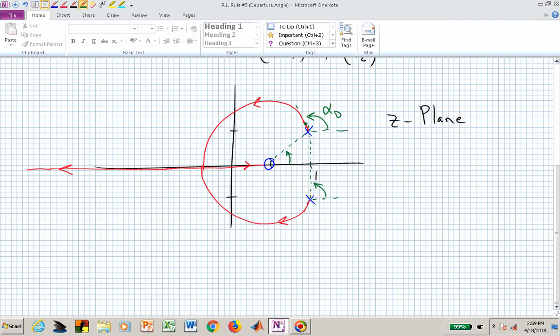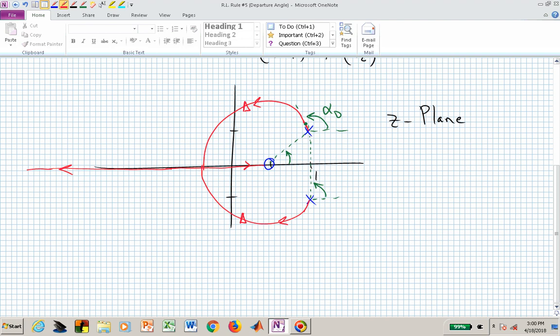Our plant's poles and zeros, and if we had controller poles and zeros, those would also be in there. But if we now indicated desired closed loop poles at these triangles, we would not use the angles from those triangle locations to the pole in question, and that's a common mistake that students make.